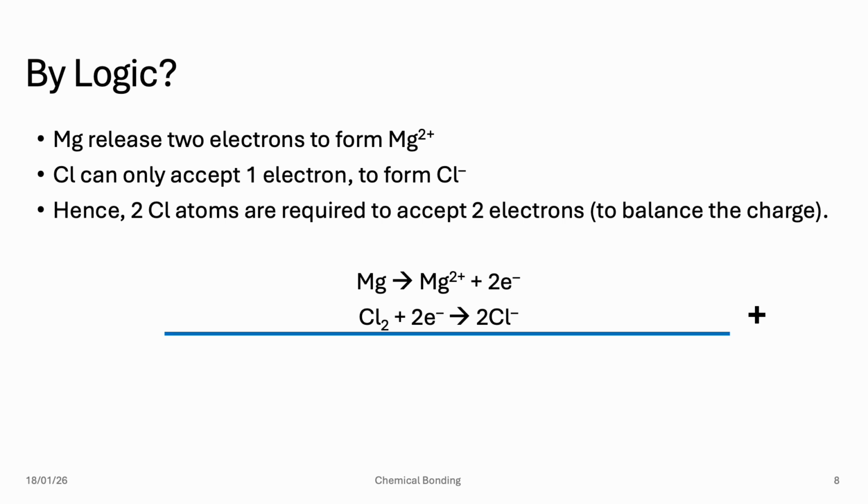At the end, the overall reaction is Mg plus Cl2 forming Mg2+ plus 2 Cl-. Pay attention to the coefficient 2 marked in red there. It becomes the subscript in the compound formed from magnesium and chlorine. So the formula will be MgCl2. The subscript 2 means it is formed from 2 Cl-.